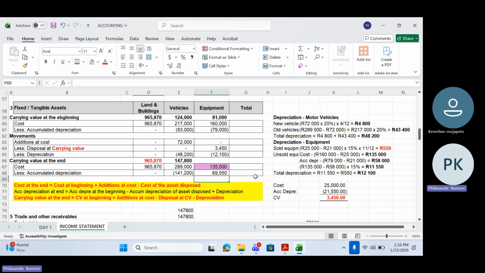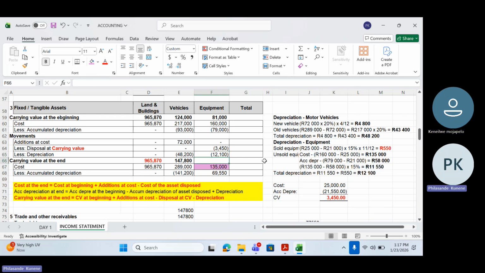How much will be our carrying value? 65,450.